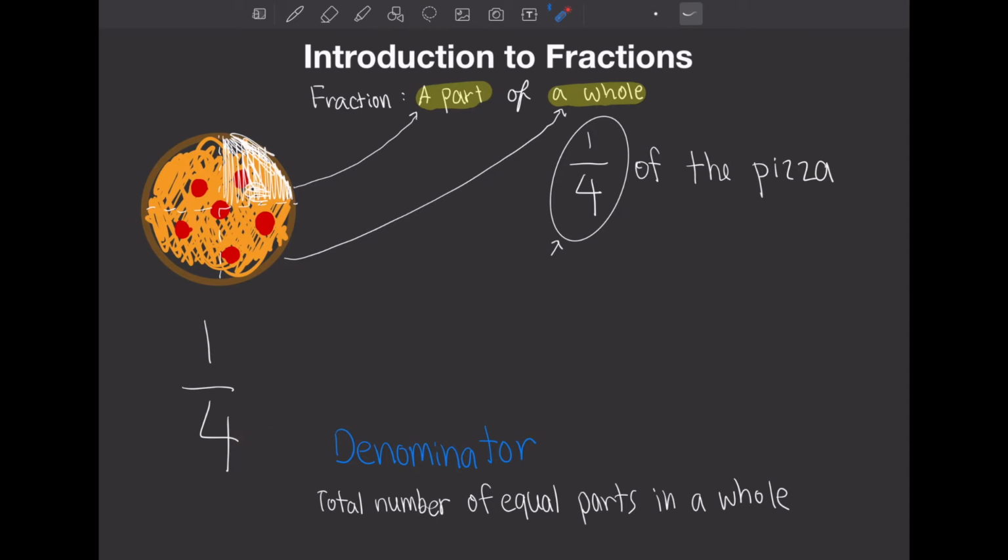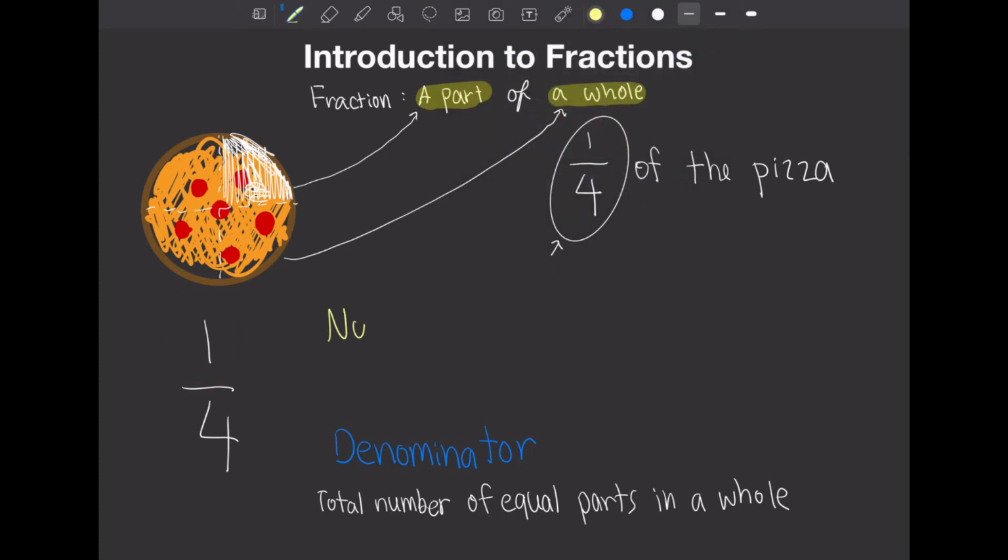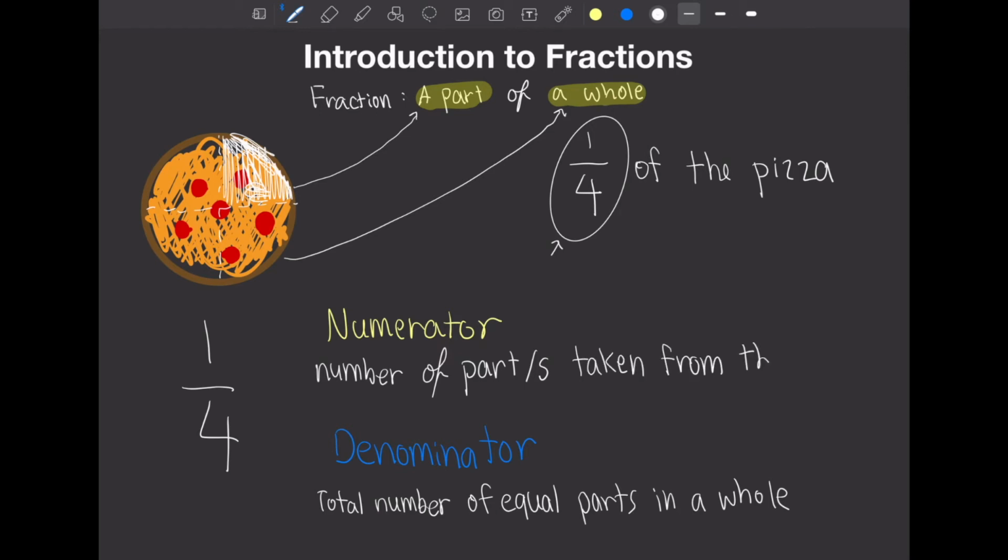Well, and the number on the top here, which is 1, this number is called a numerator. Let me use the color yellow. Numerator. And the numerator is the number of parts, it could be singular or plural, taken from the denominator.